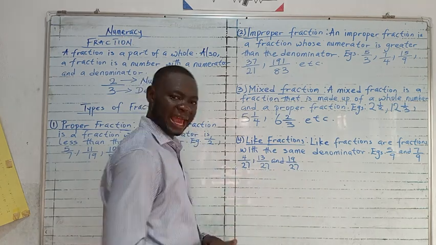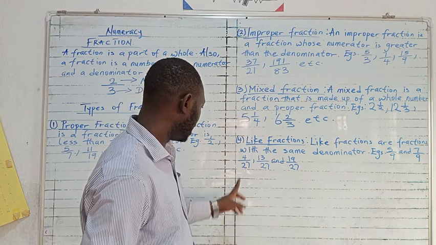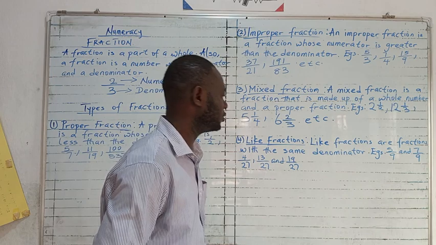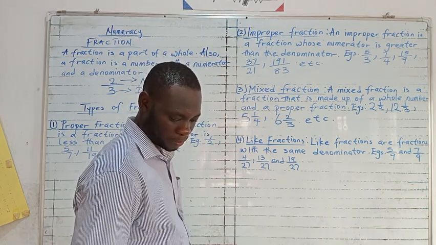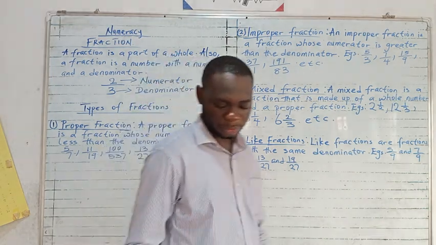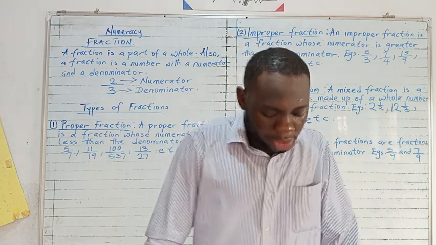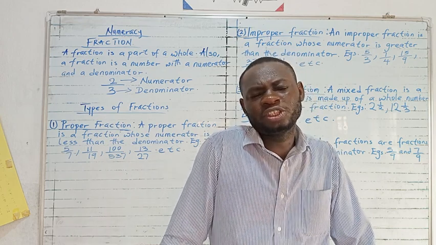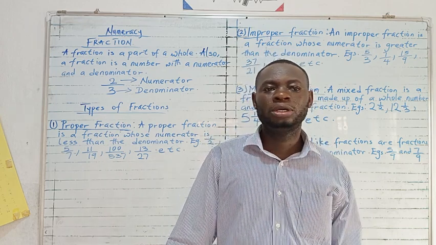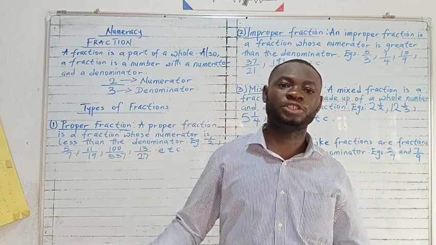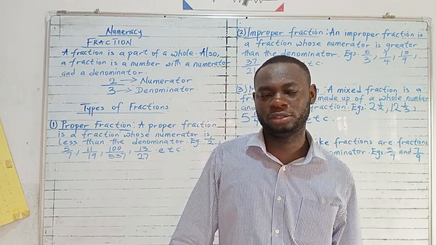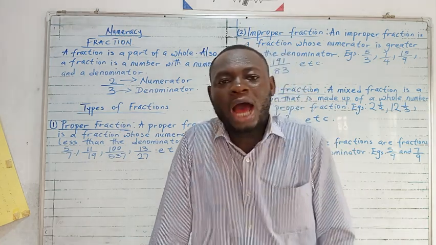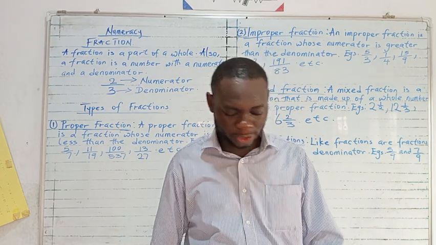These three fractions are like fractions because they all have 27 as the denominator. So, like fractions are two or more fractions, because one fraction cannot be a like fraction. Two or more fractions whose denominators are the same are called like fractions.